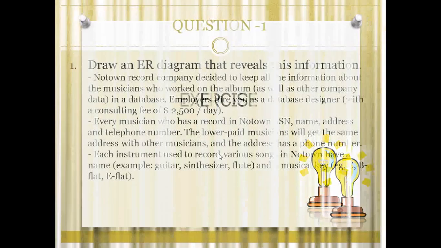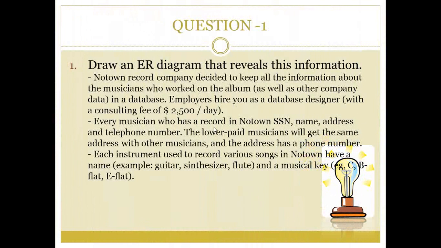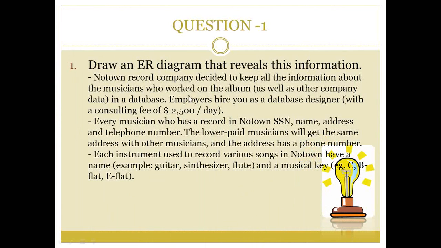Let's do it. Question 1. Draw an ER diagram that reveals this information. First, Norton Record Company decided to keep all the information about the musicians who worked on the albums, as well as other company data, in a database.